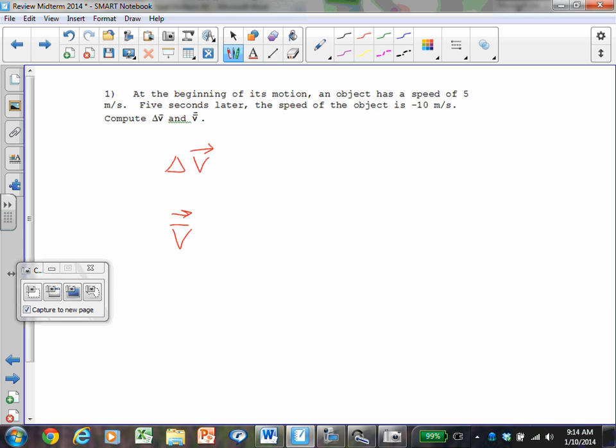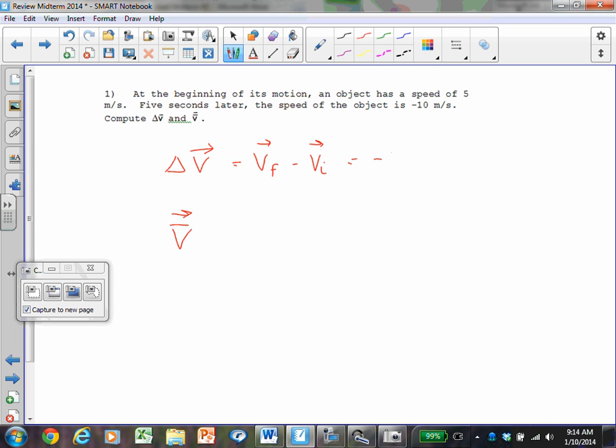So to get delta V, it's what? The change, right? We've done this 100 times now, so we'll just go quickly through it. 5 meters per second, the speed of the object. Oh, wait, no, I didn't do that right. What's VF?